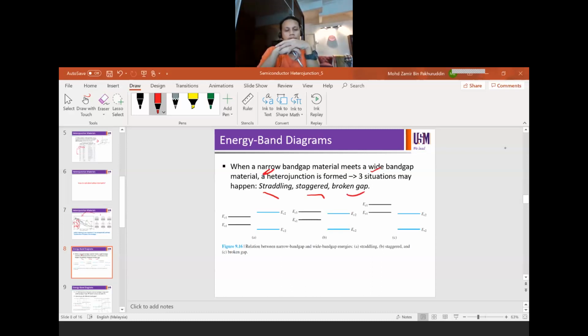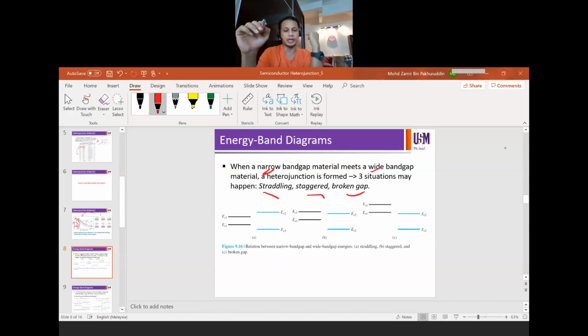When your narrow band gap's EC and EV are within the wide band gap's EC and EV, that is called straddling. In the second case, the EC of your narrow band gap is slightly higher than the EC of the wide band gap, and the EV of your narrow band gap is within the forbidden gap of your wide band gap.